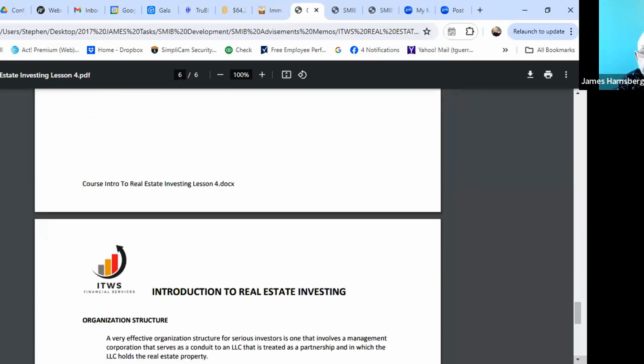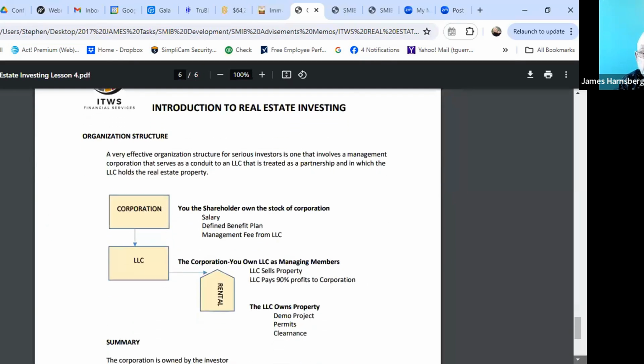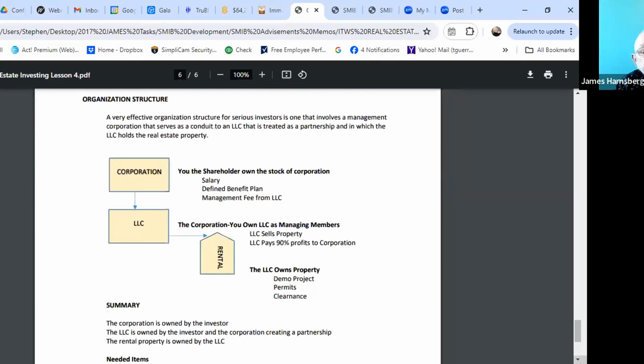Let's look at the structure, its composition. The corporation: you're the shareholder who owns the stock of the corporation, or you and your spouse. You have a salary, you have a defined benefit plan, and you have a management agreement so that you get a management fee from the LLC.